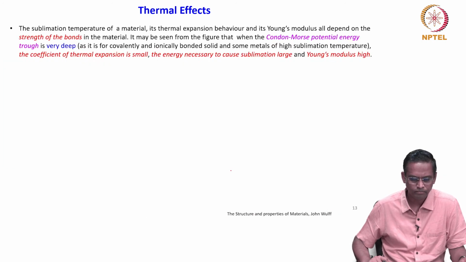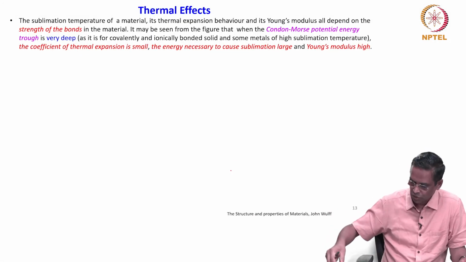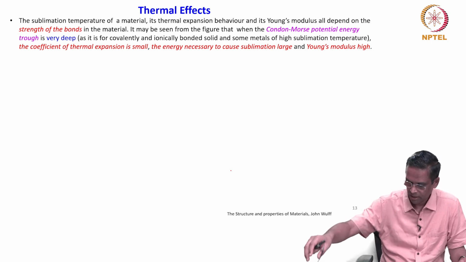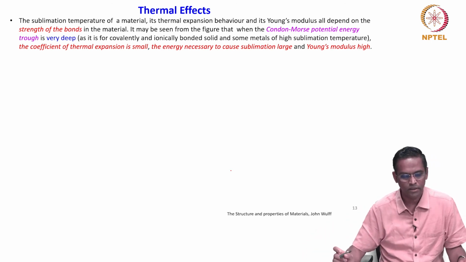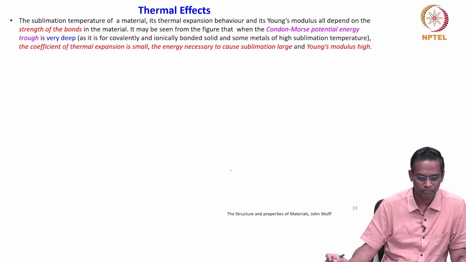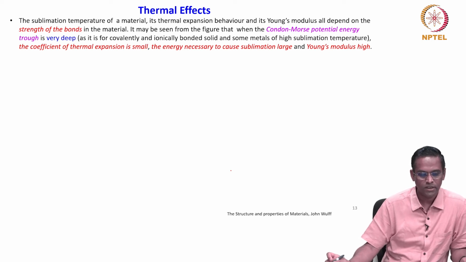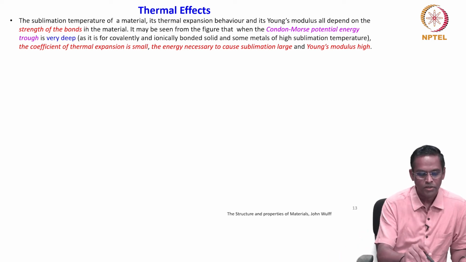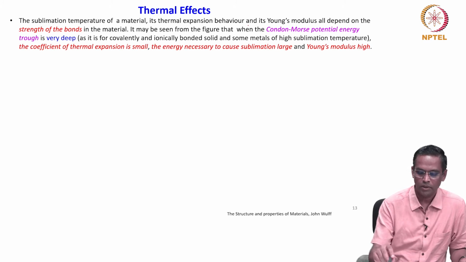So, now getting into the physical properties again, because of this temperature response, the sublimation temperature of a material, its thermal expansion behavior and its Young's modulus all depend on the strength of bonds in the material.